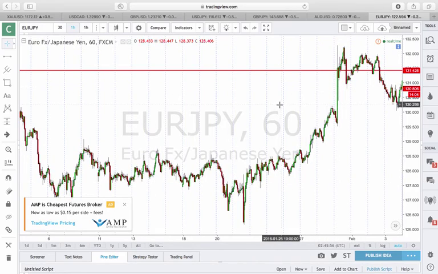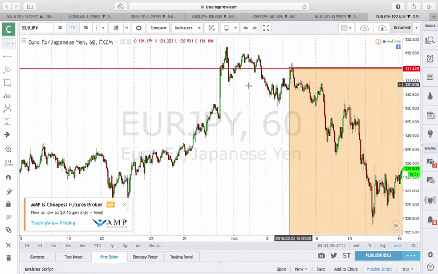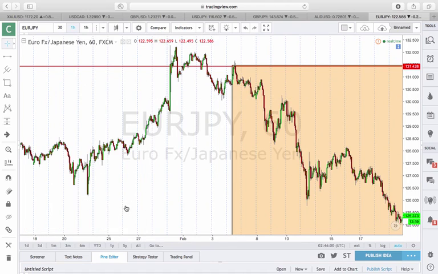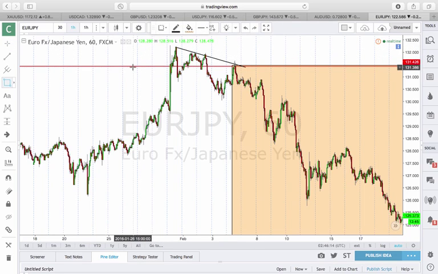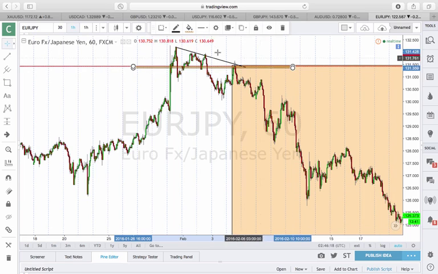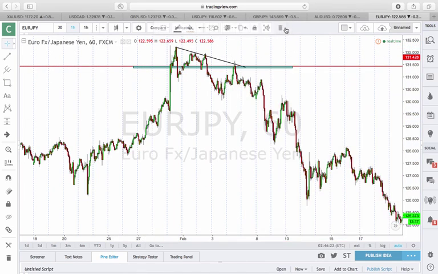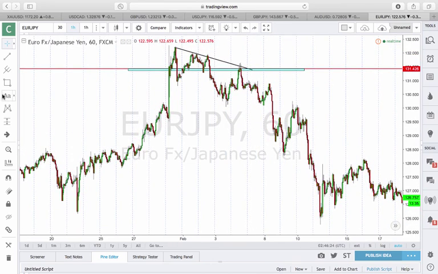So pretend this isn't here. So what you want to do is you see an area of support. You look to see if there's a trend line, which there is. And then you utilize the power of the zones. Now, look how simple this is by combining all of them together.